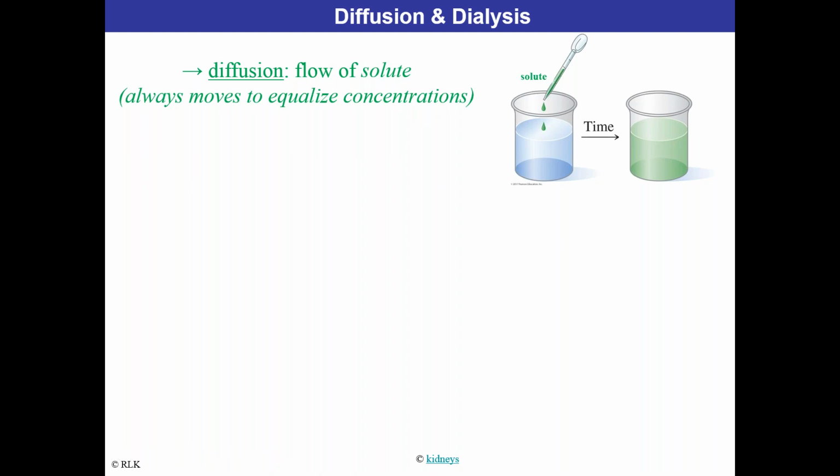So that's the giveaway there. But let's talk about diffusion first before we get to the kidney. We have the flow of solute, and it always moves to equalize concentrations, okay? Kind of like what osmosis was doing as well. There's always going to be a flow of substance, whether that's the solute or the solvent, in order to try to get to equilibrium conditions.